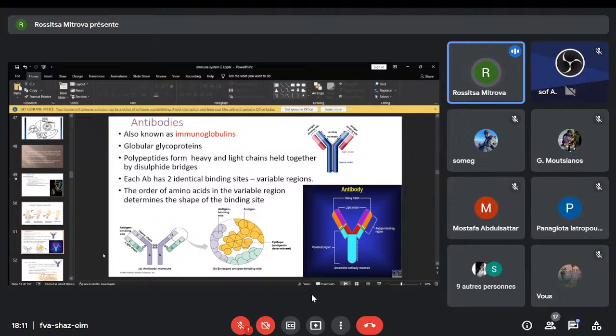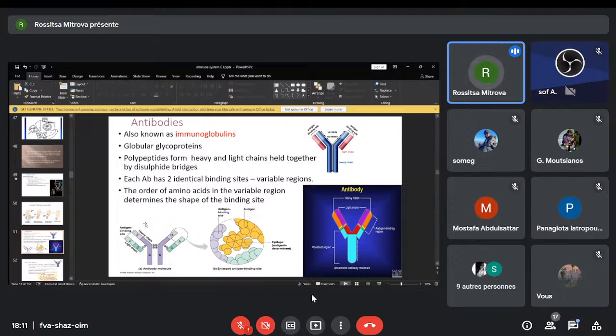They are also known as immunoglobulins. In fact, they are globular glycoproteins, polypeptides, which form heavy and light chains held together by disulfide bonds. Here you have the disulfide bridges, and two light and two heavy chains.